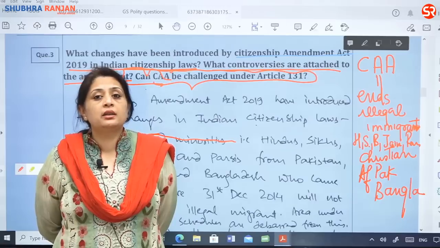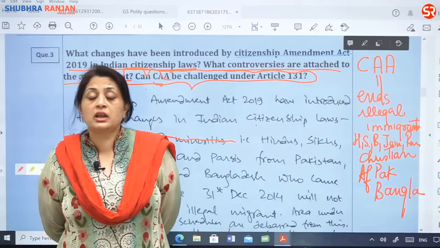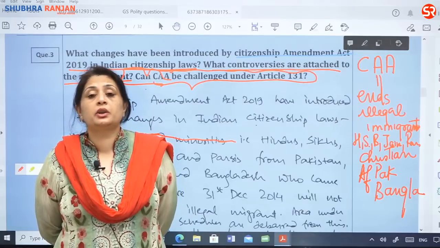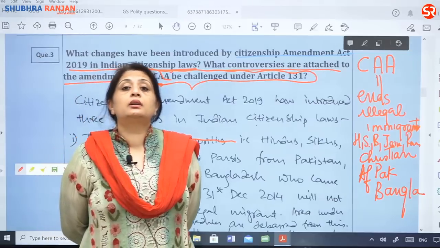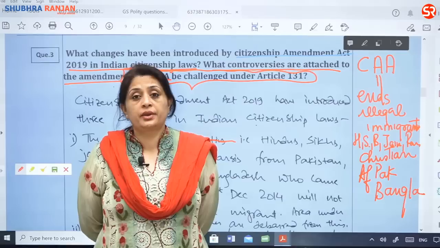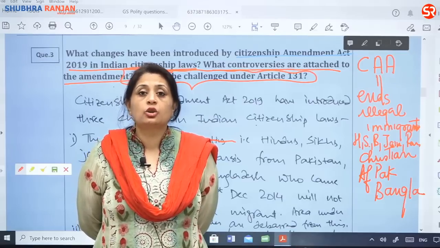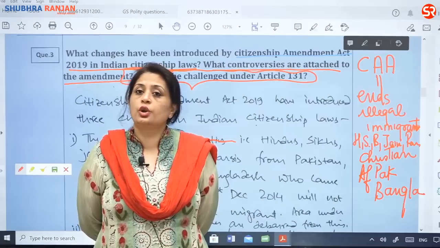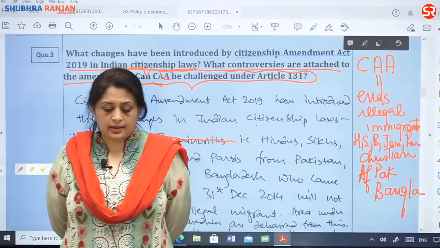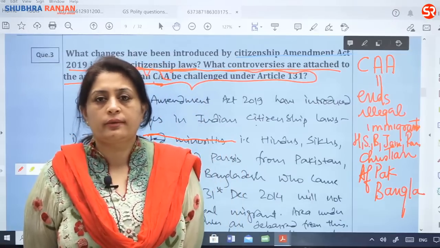As you have seen the Shaheen Bagh protest, you have also seen the civil society support for the Shaheen Bagh protest in India, public intellectuals, and even protests outside the country sometimes. At times it has been provoked by Pakistan also. So how should you look at the entire issue? Our challenge is that we have to defend the position of the government.